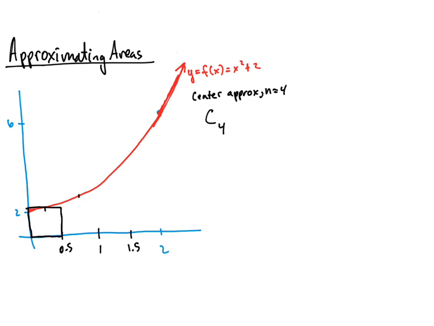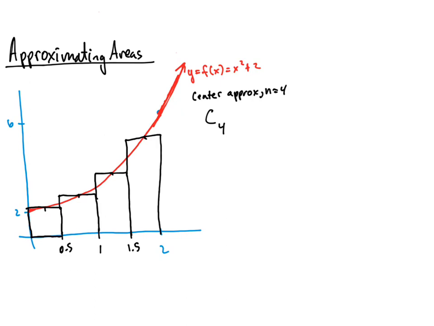Okay, and then halfway between 0.5 and 1 is going to be the height of this second rectangle, and then we'll have something like this, and then something like this. So we can already see that this is going to be a much better approximation than either the left endpoint or the right endpoint, because each rectangle has a little bit of area above the curve and a little bit below. So it might seem like it'll kind of cancel itself out.